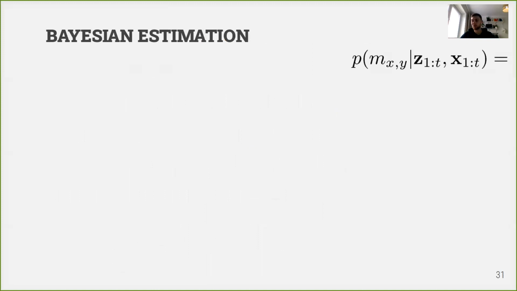The second type of algorithm is well known to us already: Bayesian estimation. You remember we had something really similar in our localization lecture. What we want to estimate is the probability of a cell being occupied. This M means that the cell is occupied, given our measurements and given our poses.